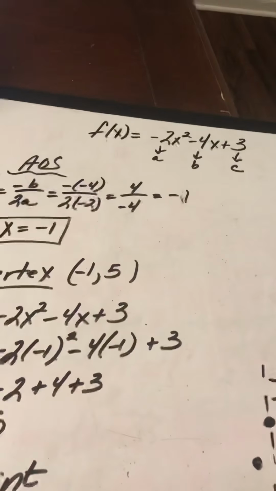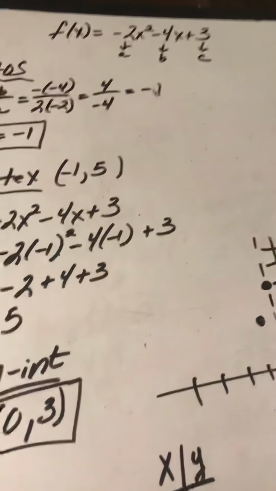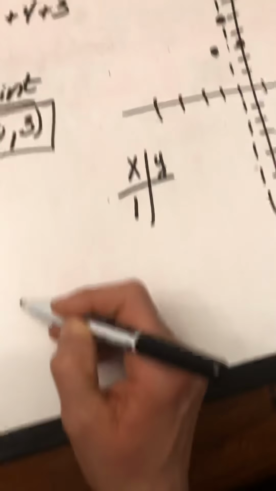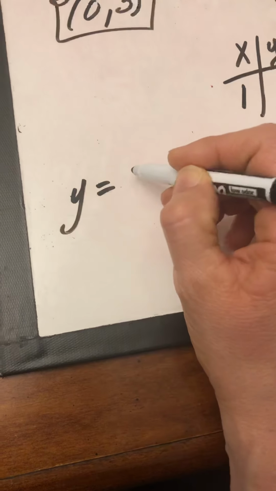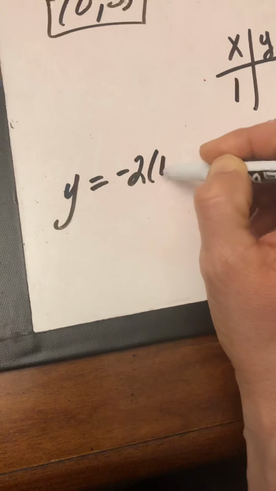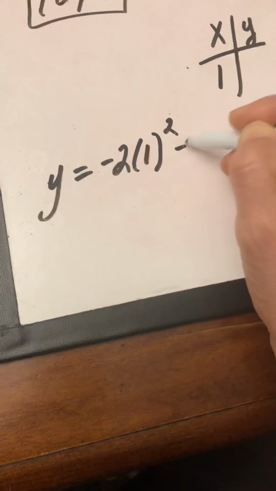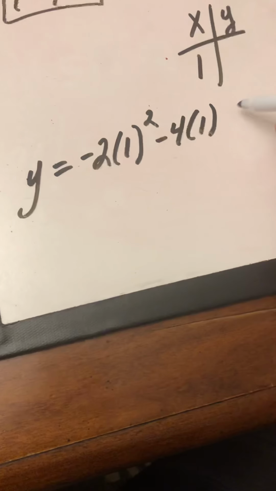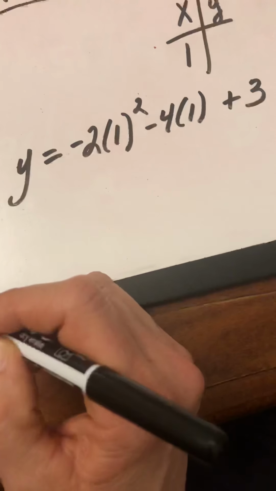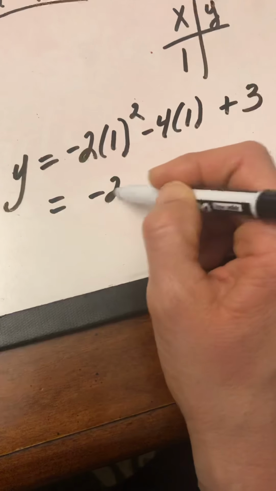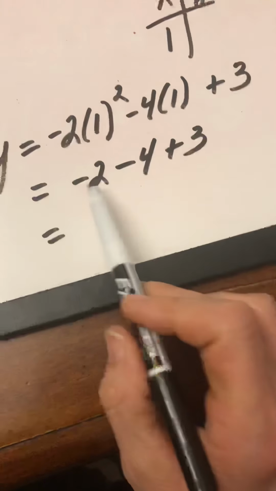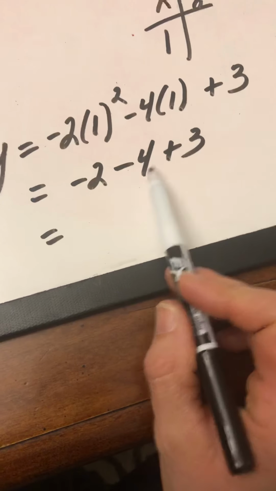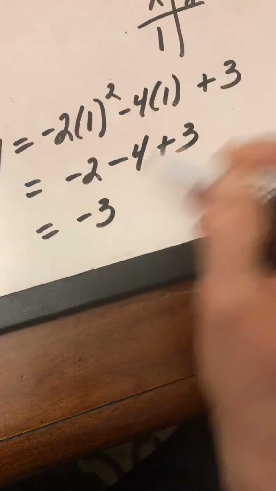So we're just going to take this original equation and we're going to plug in a 1. So y equals -2 times 1 squared minus 4 times 1 plus 3. So this is -2 minus 4 plus 3. -2 minus 4 is going to give me a -6 plus 3 is -3.